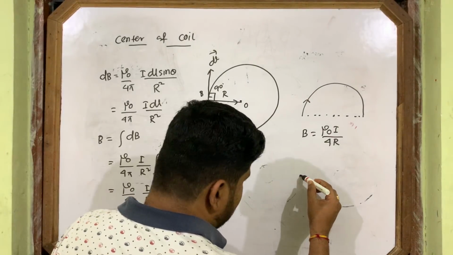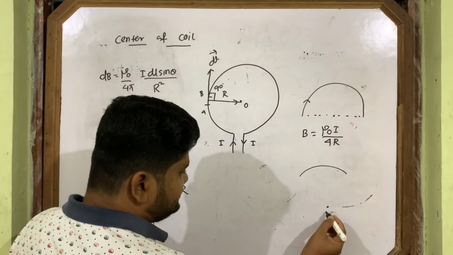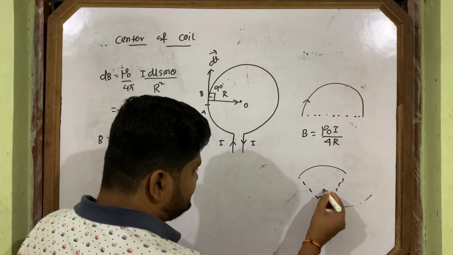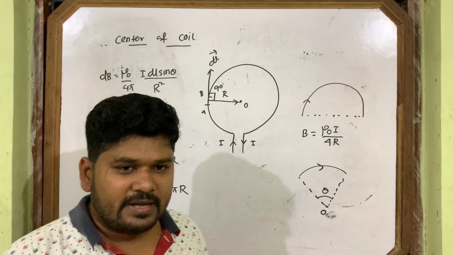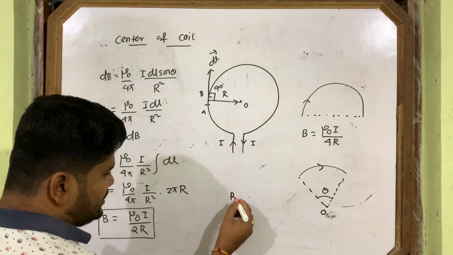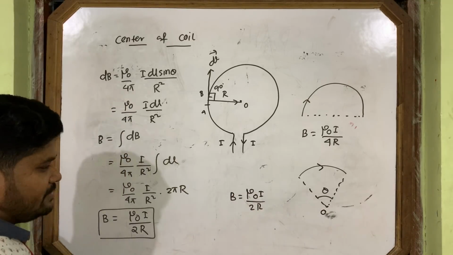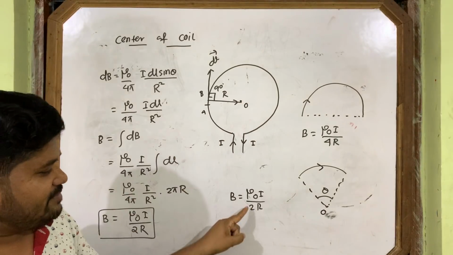If it is an arc, not a complete circle, and you want to find the field at the center, and the arc is making theta angle, and current is passing like this, how will you find the magnetic field? Very simple, you can use the unitary method. For 360 degree angle, mu naught I by 2r.